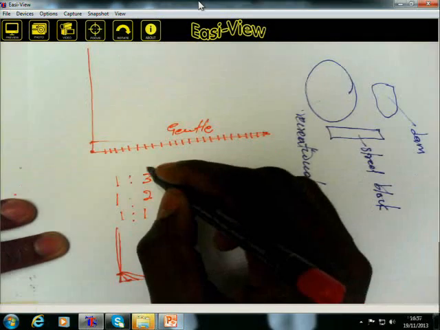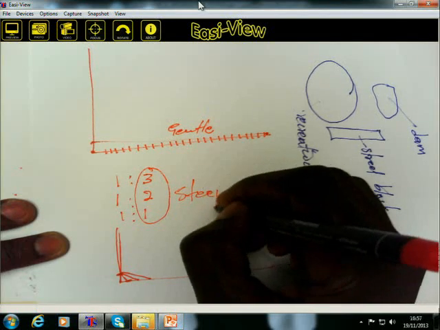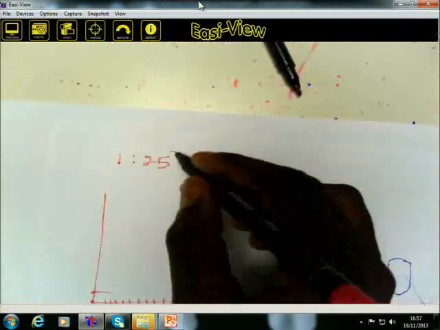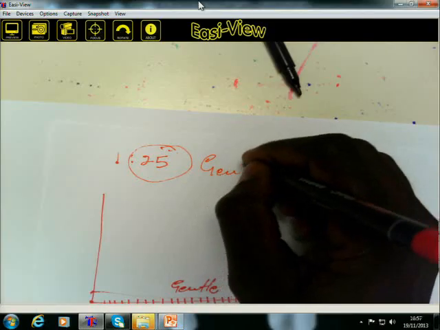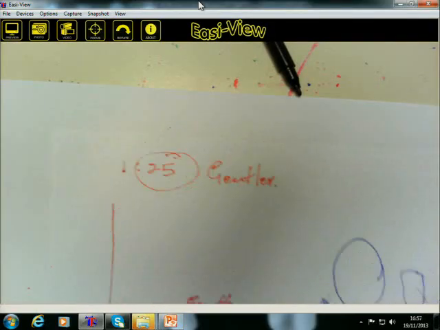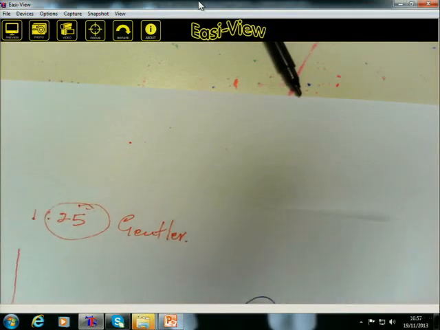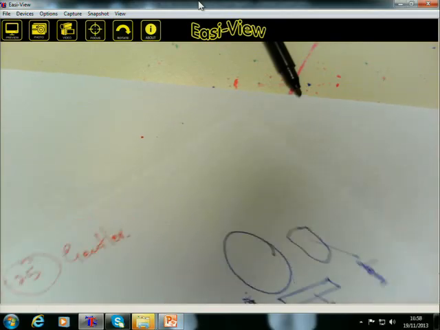So the lesser your answer, the steeper the gradient. The higher your number, like in this instance where you have 25, the gentler your slope. That will answer the question as to how you tell it to be steep and how you tell it to be a gentle slope.